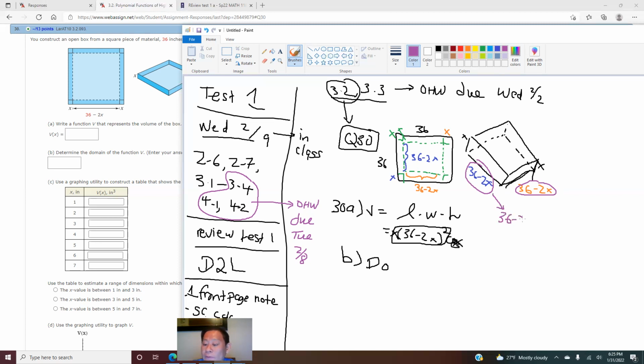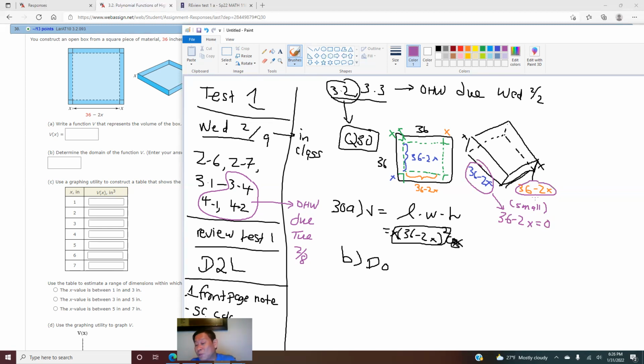If these two are not the same, then you pick the smallest one. Because this is a square, they are the same, 36 and 36. Let's say this is a rectangle, 36 and 24. Then we would concentrate on the 24 minus 2X.